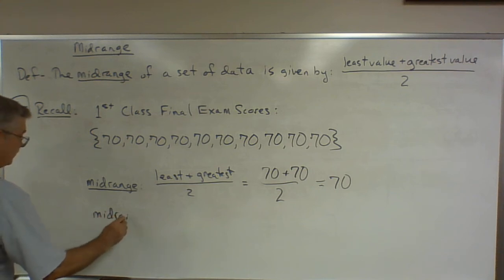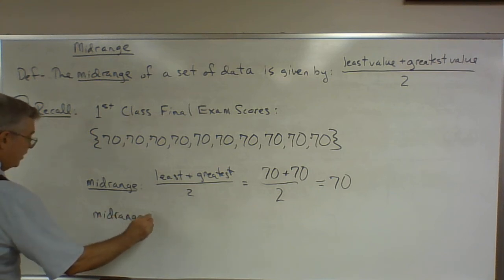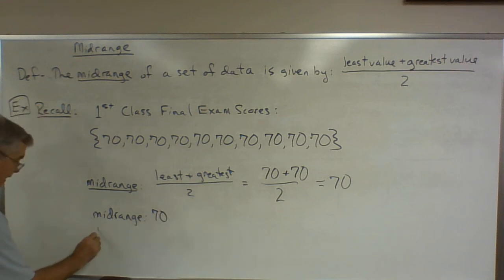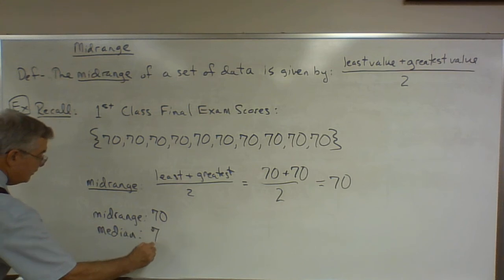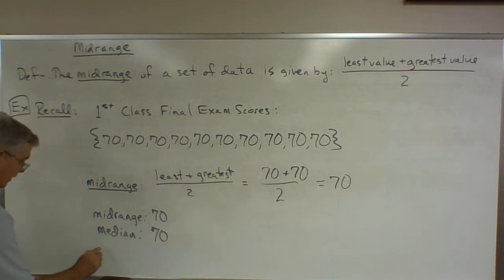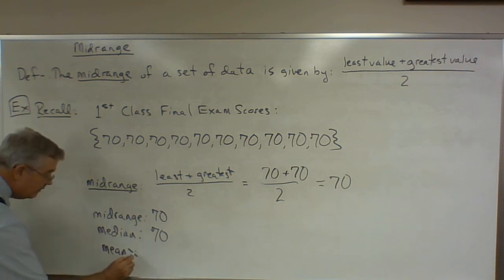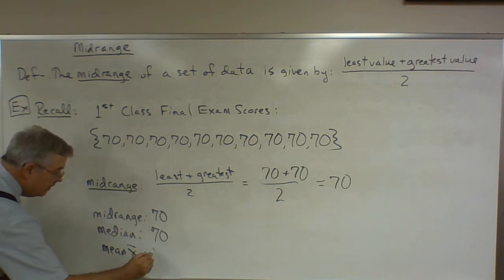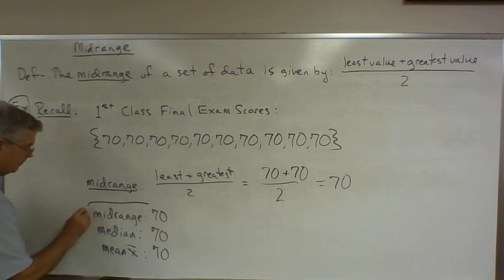The mid-range, 70. The median, 70. The arithmetic mean, x bar, is 70.